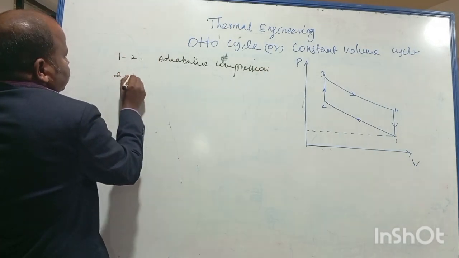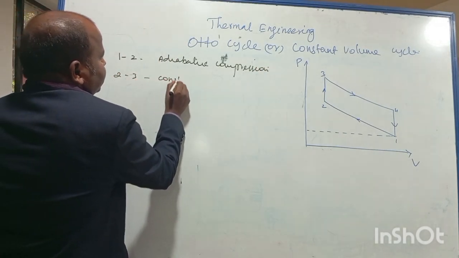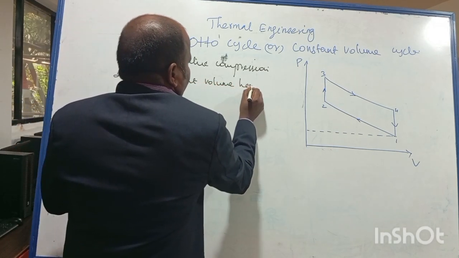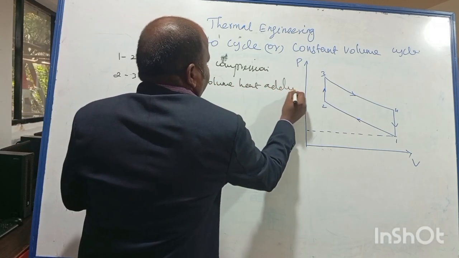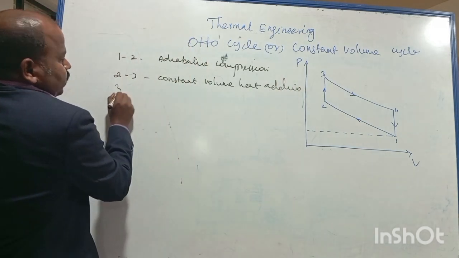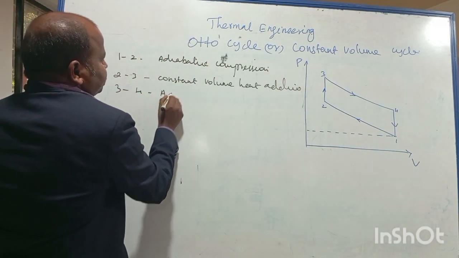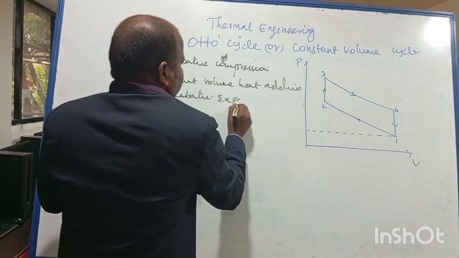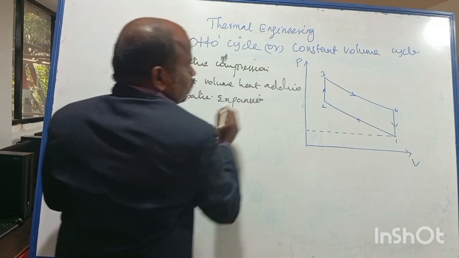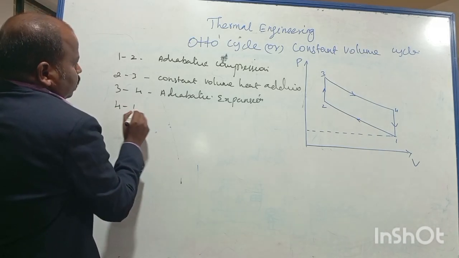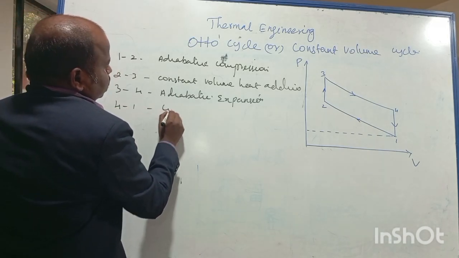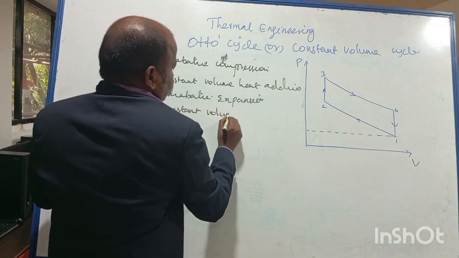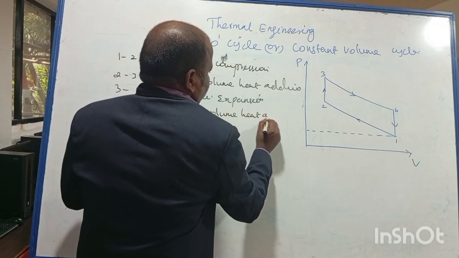Then 2 to 3 is constant volume heat addition. 3 to 4 is adiabatic expansion, and 4 to 1 is constant volume heat rejection.